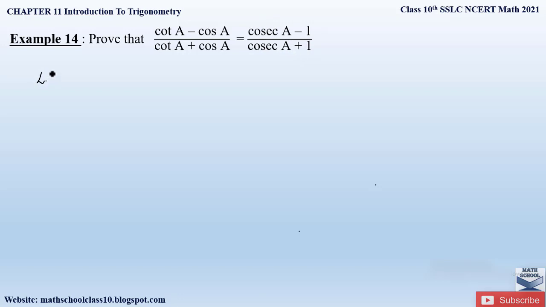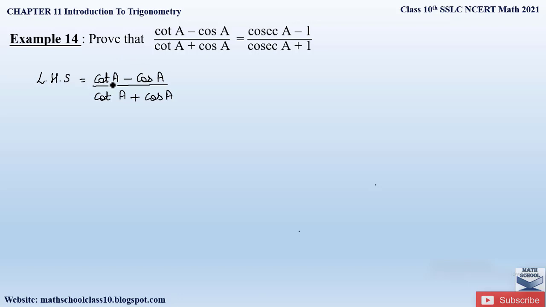Write down left hand side is equal to cot A minus cos A divided by cot A plus cos A. Here we cannot change this cos value to cot.